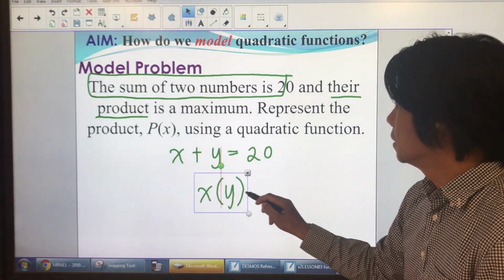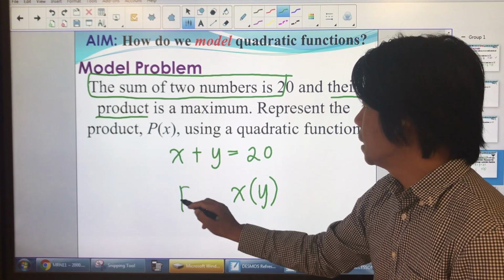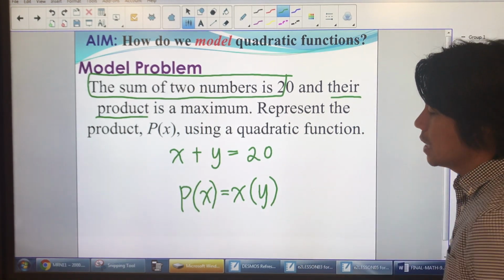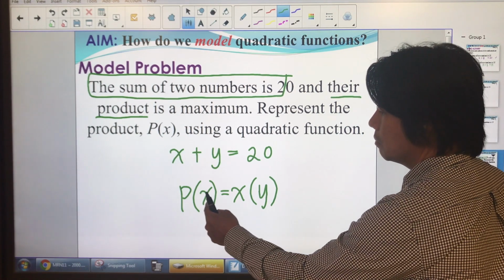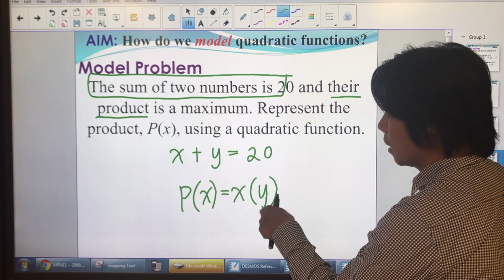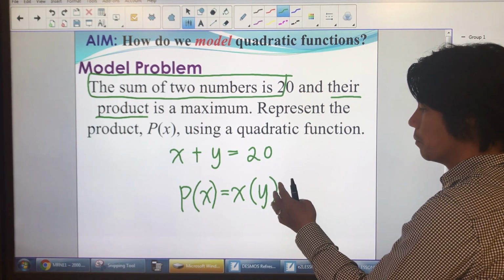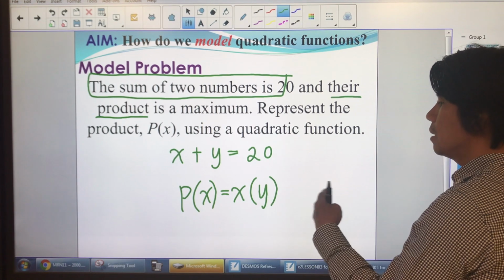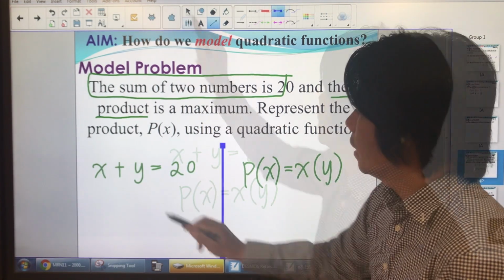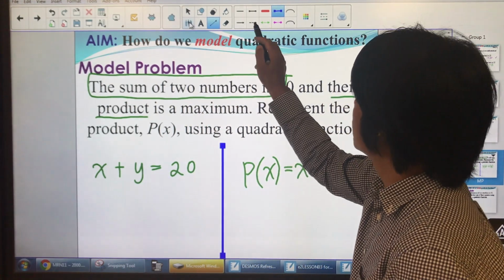This product must be represented as p of x. Now notice that this p of x is in terms of x only, but we have a y here. We need to change this y into a term in terms of x. What do I mean by that? Now, notice that I can express y in terms of x.